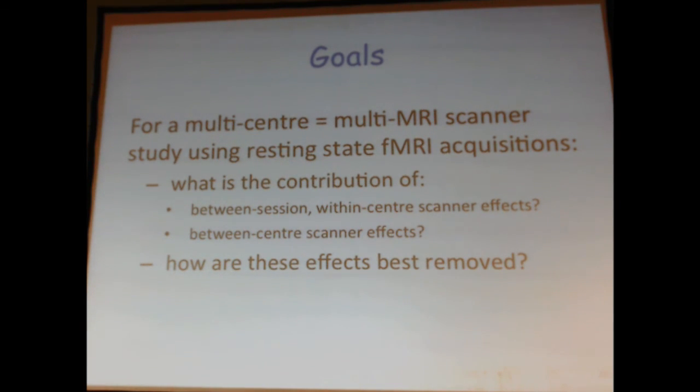And for between-center scanner effects, in our multi-center studies, if you have a scanner that's in bad shape for a year and then they replace the head coil, and you now want to combine all of the Alzheimer's disease resting state studies you did at that site with another place where there's a really well-behaving scanner, that may be a bit of an issue. Because often you end up with very uneven sample sizes at sites.